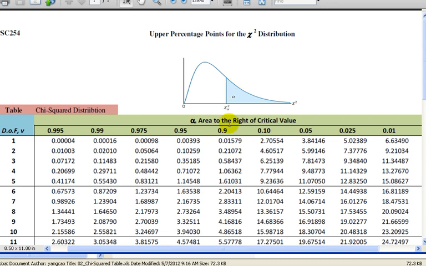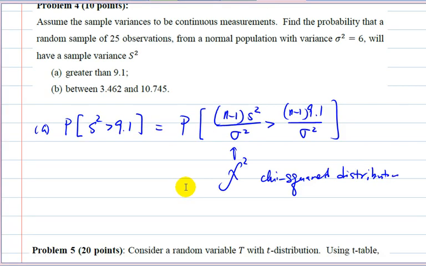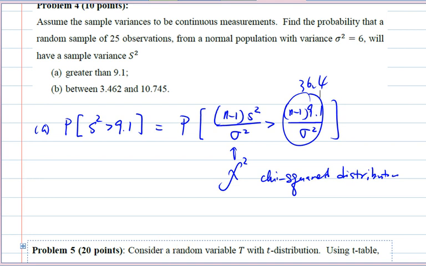In this particular example, I think the value is going to be 36.4. So we're looking at the probability of chi-squared greater than 36.4. Let's see what the area is.